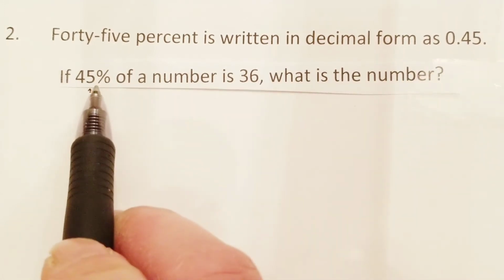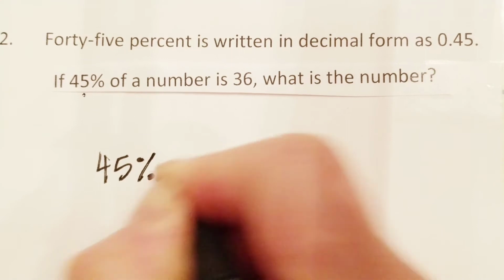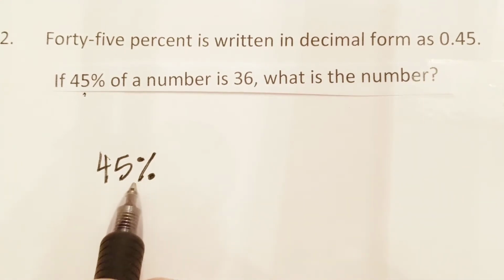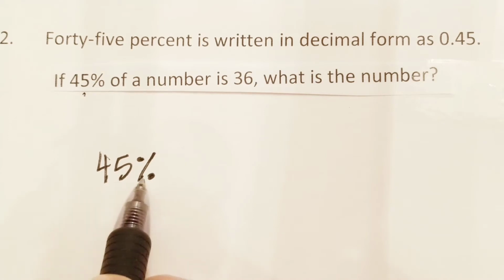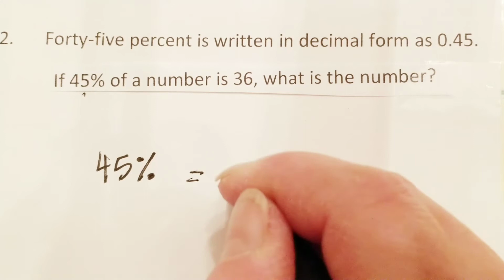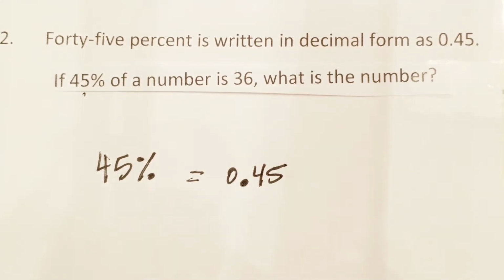Remember how to change a percent to a decimal. You would just go to the end of your whole number of 45 and move 2 spaces. So 45% written in decimal form is 0.45. So let's move on.